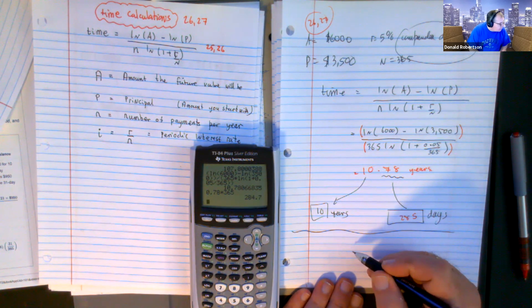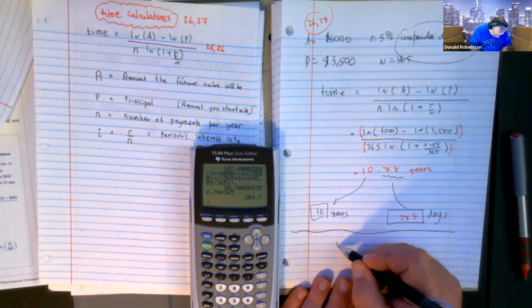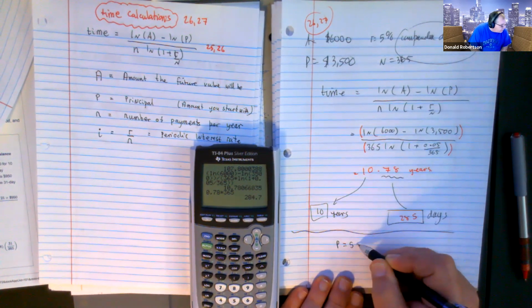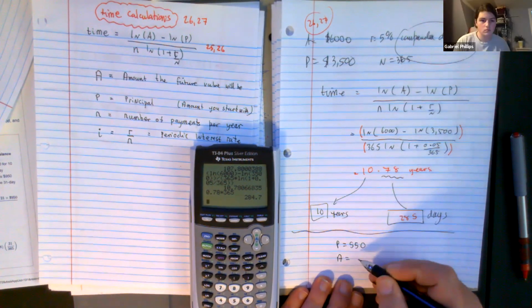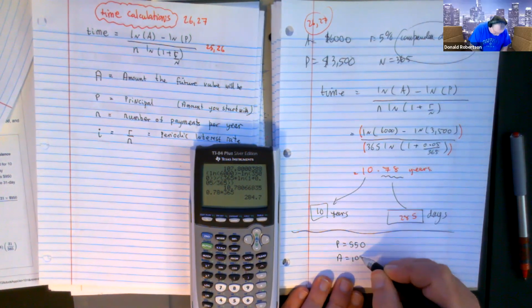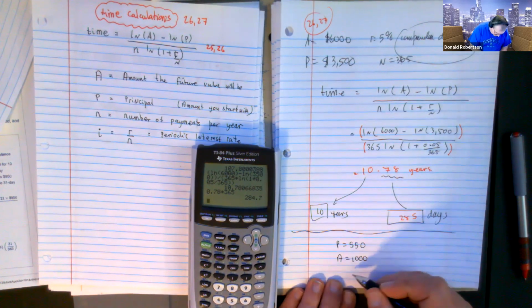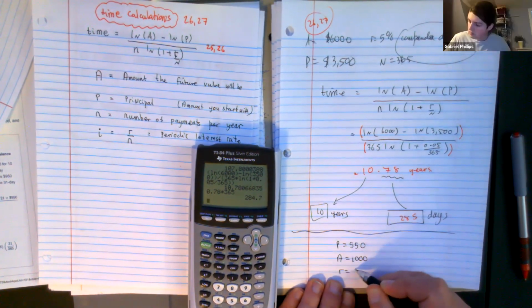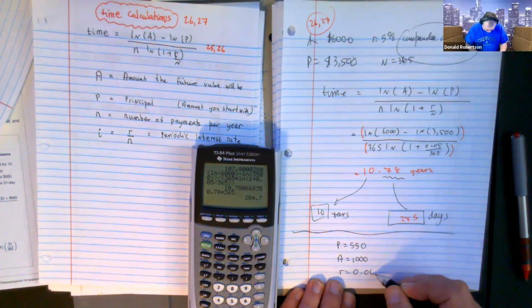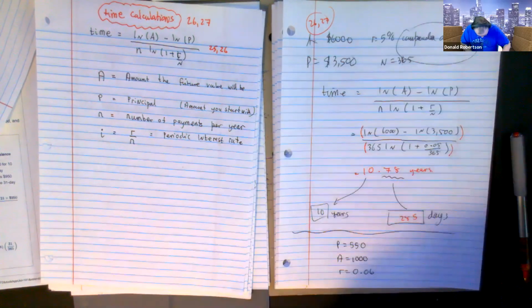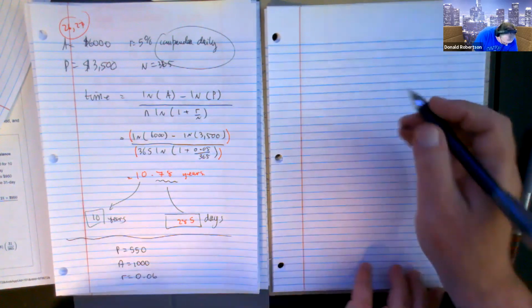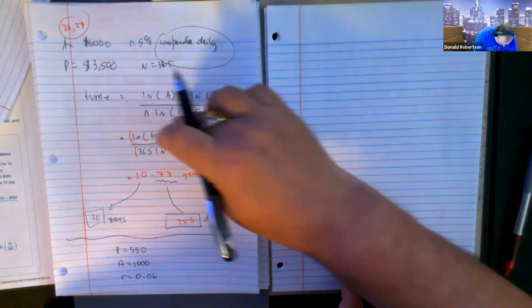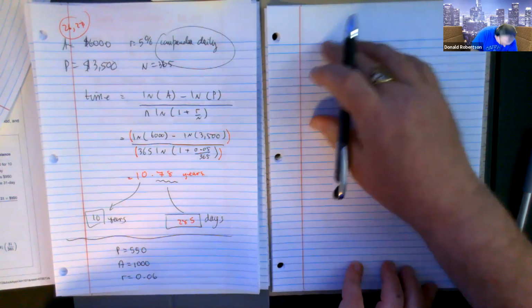So in this story, you started with $550 and you ended up with $1,000, and the interest rate was a simple interest rate of 6%. So in that situation, because it's a simple interest, I'm going to use a different formula, and it's not actually so much a formula that tells you the answer, but a formula that eventually gets you the answer.